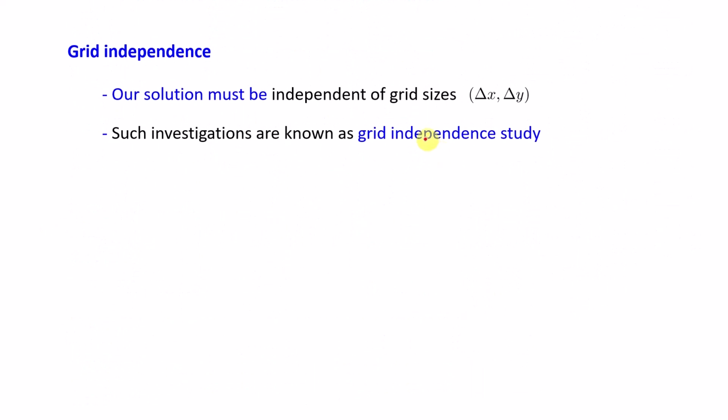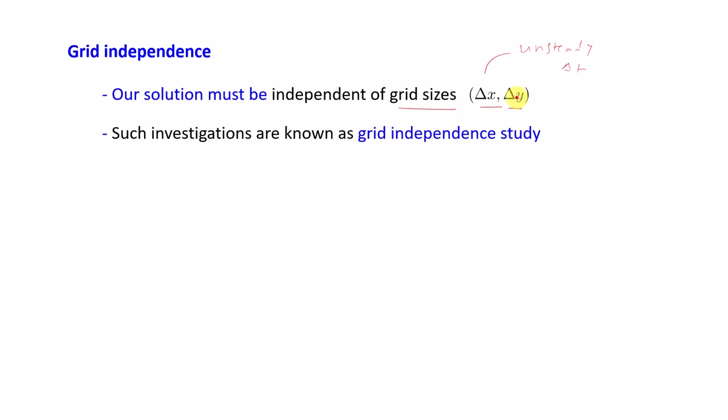The second part is that our solution must be independent of grid sizes, because of this delta x, delta y, etc., or these grids, and in the unsteady case, we are also taking this time step. So our solution must be independent of delta x, delta y, and if time step exists, then time step as well. Because all these delta x, delta y, etc. are artificial constructs.